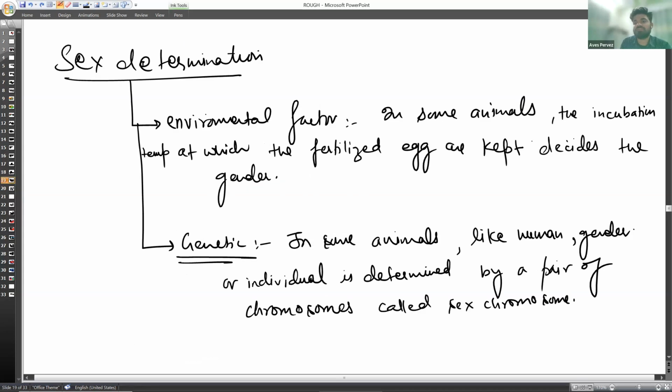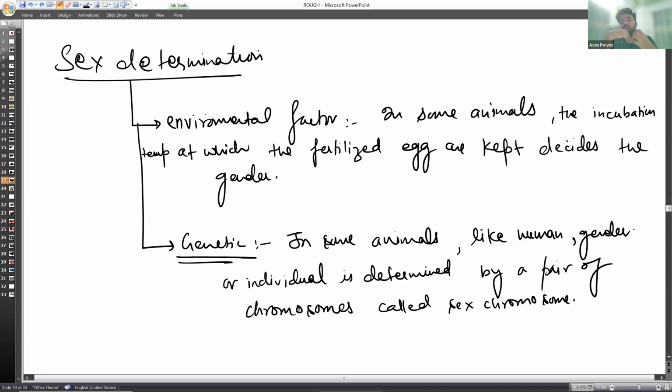Now, the next topic is sex determination. In some animals, like lizards, temperature can also result in a change in the gender.